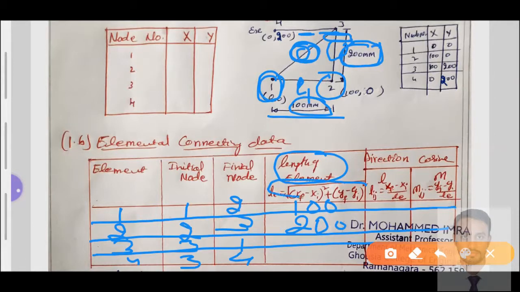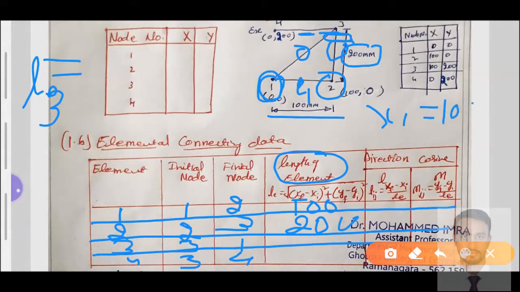Now we require this equation. This distance equation helps to find the elemental length for the element that starts from node number 3 and ends at node number 1. I'll take it separately now. For element number 3, starting from node number 3 and ending at node number 1, L3 is equal to, what is the final node value? X final. It starts from node number 3, so X1 is equal to 100, Y1 is equal to 200.